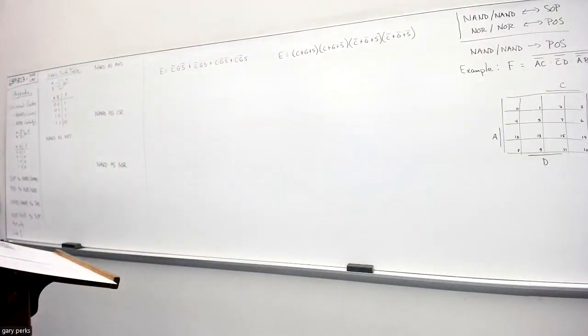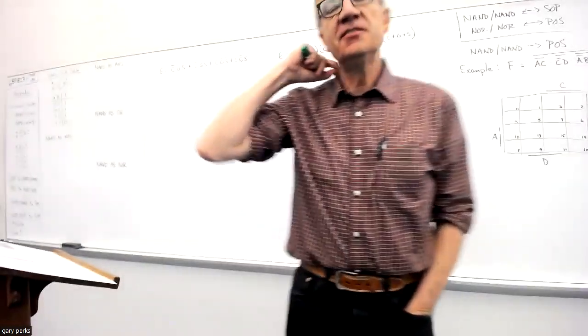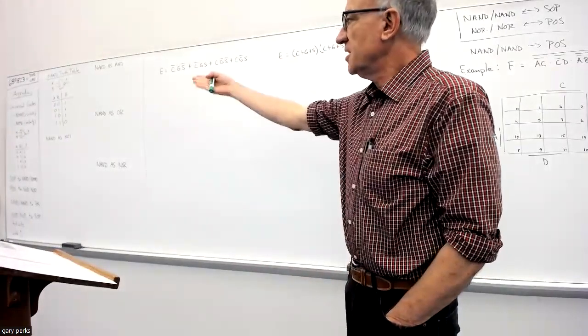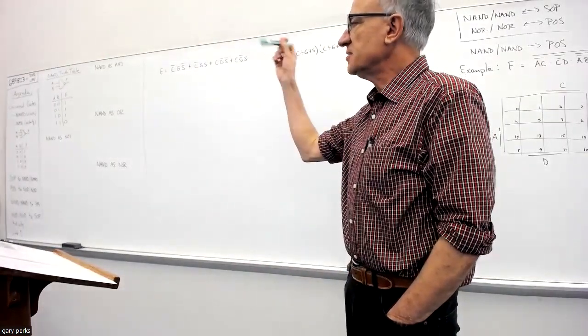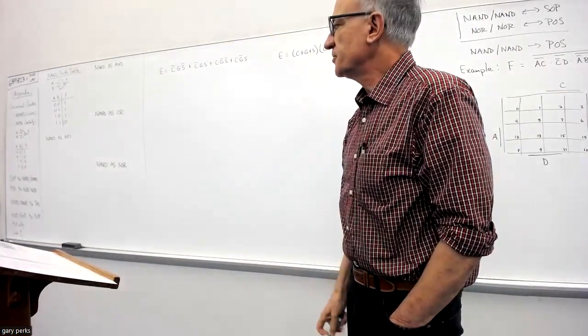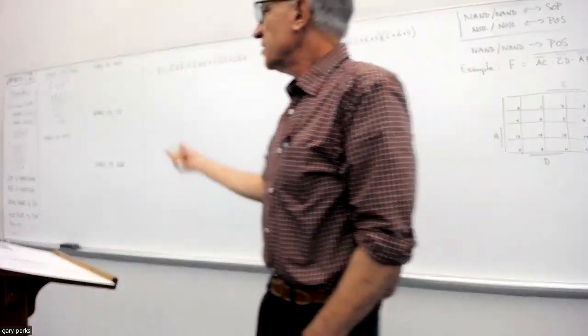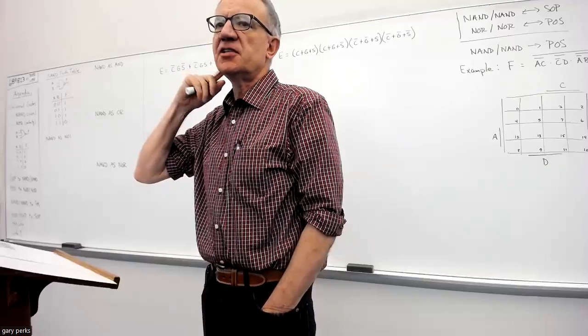So, the main things we're going to cover today: first, talk about universal gates, what that means, and why they're called universal gates. And then we're going to learn about two other forms of digital logic circuitry.